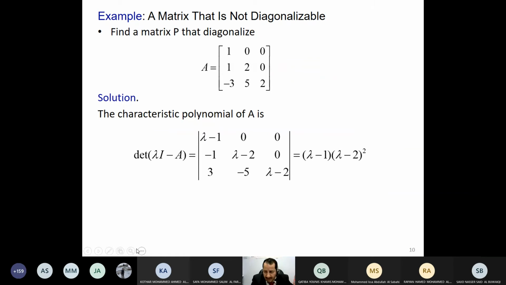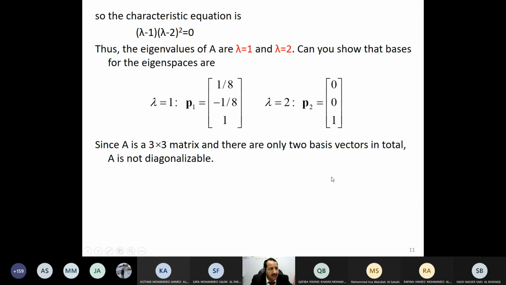Okay, let's take this example. A matrix that is not diagonalizable. We are given this A. See if we can find the diagonalizing matrix for this one. I go through the same procedure, determinant of A minus lambda I. I reach here, I solve it, I got the characteristic equation, I solve it, I got 2 eigenvalues.